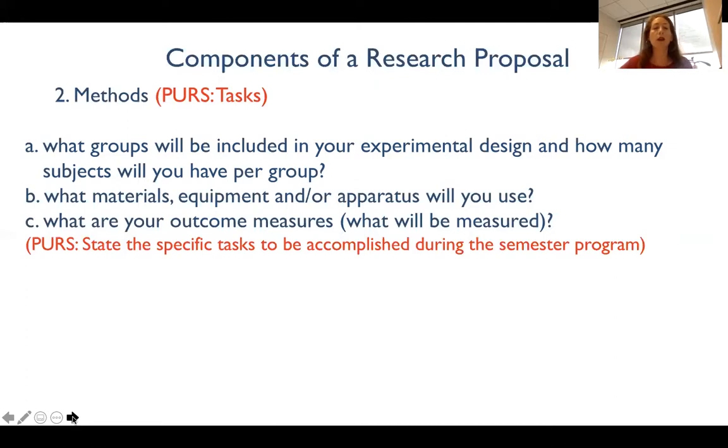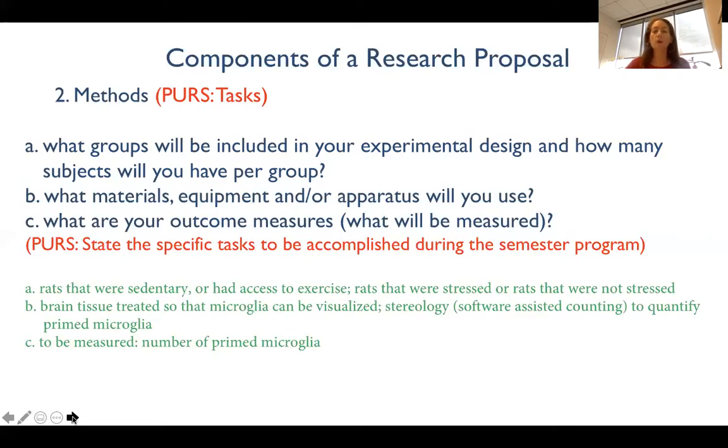And so again, just to give you a specific example, we're going back to Pierce's proposal. For the experiment that he is going to be doing, he had basically two factors going on. He had rats that were either sedentary or had access to exercise, and he had rats that were stressed or rats that were not stressed.